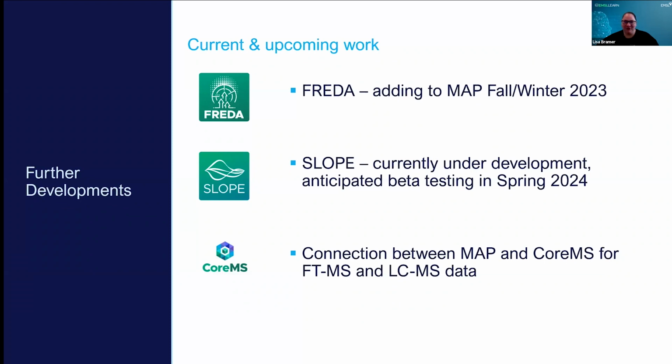I guess actually first I will not pass it back to Kelly quite yet. So where are we and where are we going? Current work is that this Frida tool is going to be added into MAP along with PMART and IPMART, which are already there. We are currently working on a tool called SLOPE, which stands for the statistical learning of predictive evaluation.